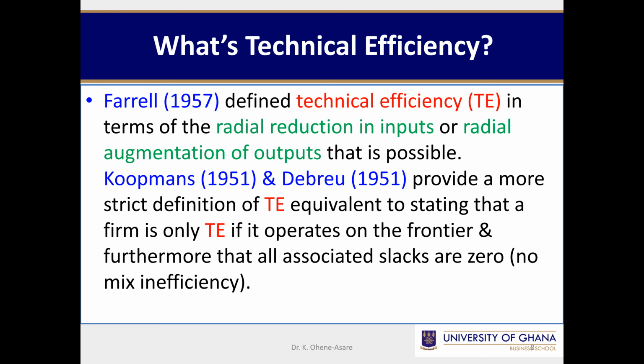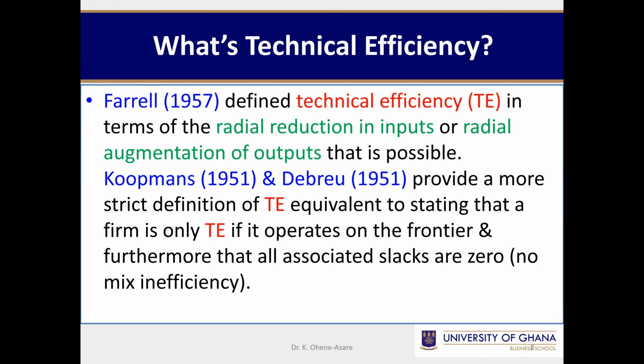Radial means in the direction of the origin, and you're going to see a couple of examples very soon. Another word for radial is proportional. So radial reduction in inputs is proportional reduction in inputs.